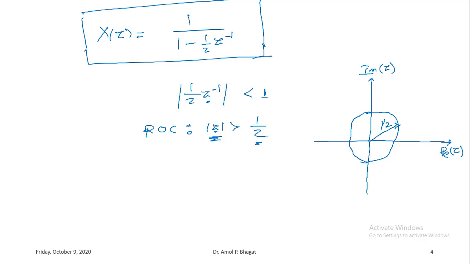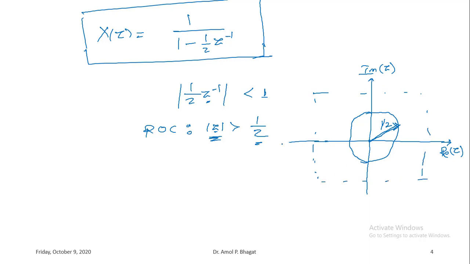With center here. So we have taken the radius of this circle as 1 by 2, and the ROC is the values of z greater than 1 by 2, because all these are the values of z which are represented in this plane, that is the z plane.